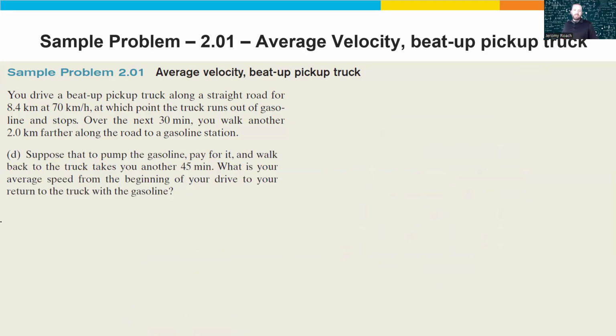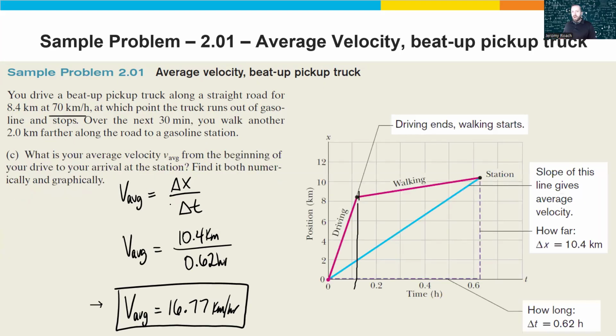Now part D says, after we get the gas and pay for it and walk back to the truck, it takes us another 45 minutes total. What is the average speed from the beginning of our drive until we return to the truck? So now we are walking back to the truck.